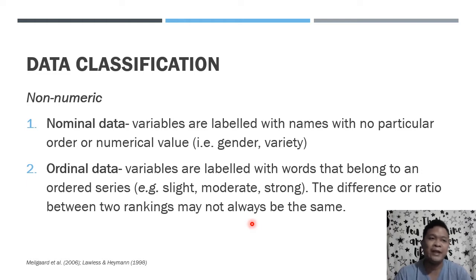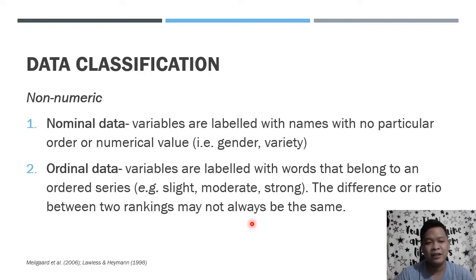Think of it this way. If you are ranking, for example, students, you rank the valedictorian as first, second, and third. However, you may not be sure if the average of the first person is 90, while the second person's average is just 50, and the third is just 49.